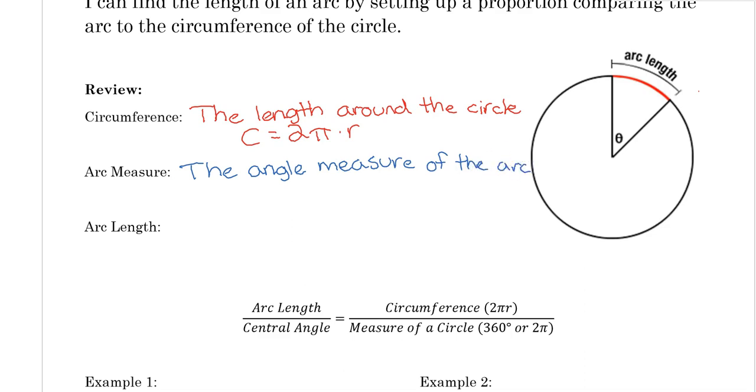Arc measure is the angle measure of the arc, and it uses degrees as units. Whatever the measure of this arc is, it's the same as that central angle. So if this is 30 degrees, then this is 30 degrees.